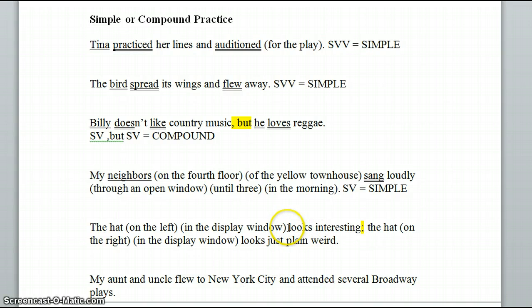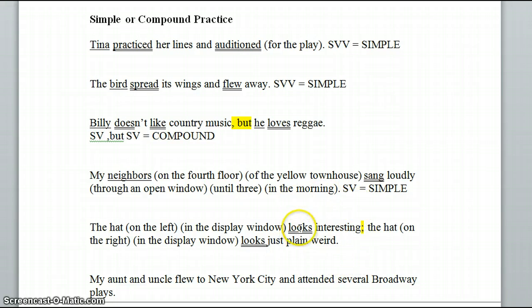Now I'm looking for the verb, looks. That's a verb. I'm going to underline it twice. Any other verbs? The hat on the right in the display window looks. There we go. It just happens to be the same verb. There we go. Looks just plain weird.